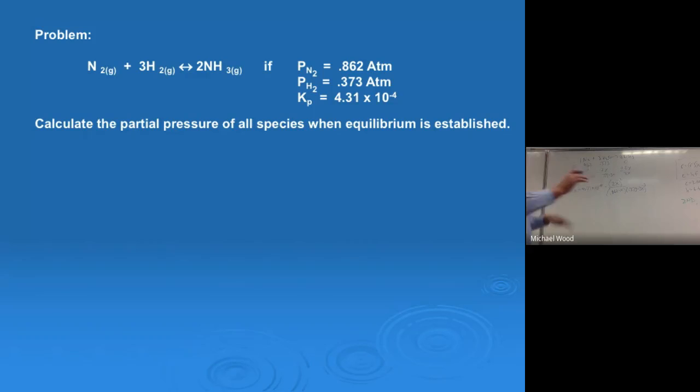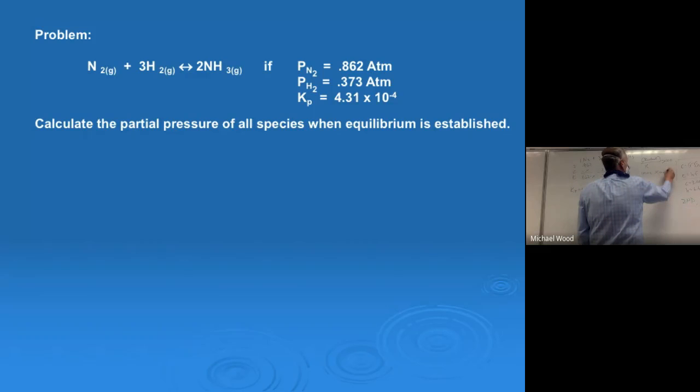I'll say that again. You take the concentration of the reactant over the K value. If that number is greater than 100, we ignore the X of the reactant.